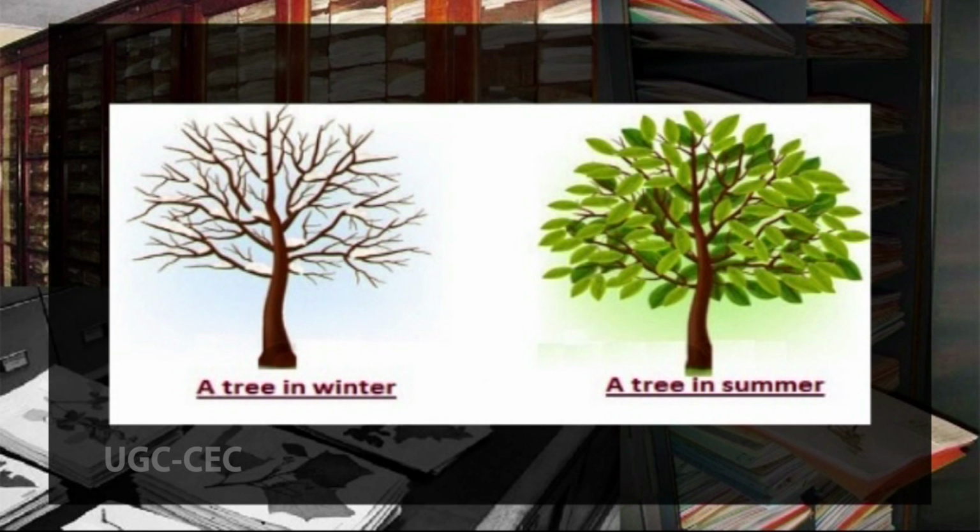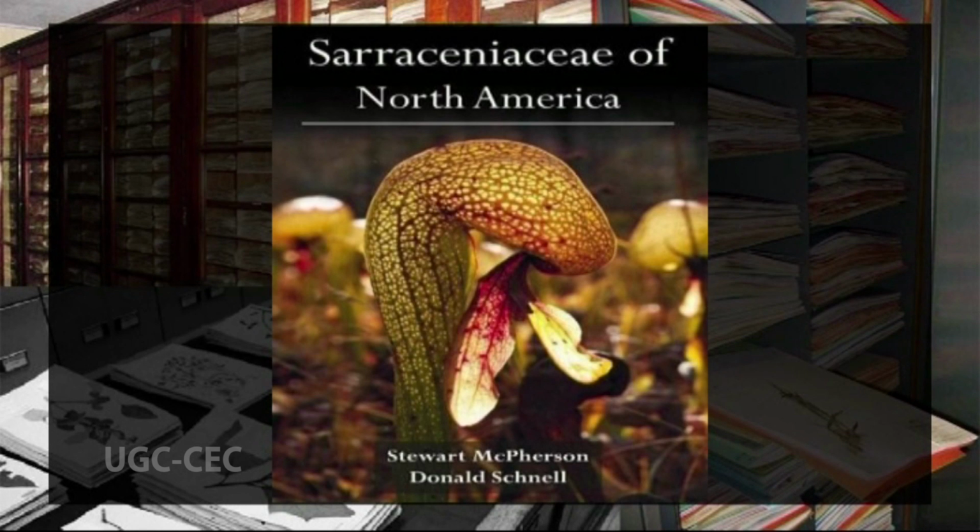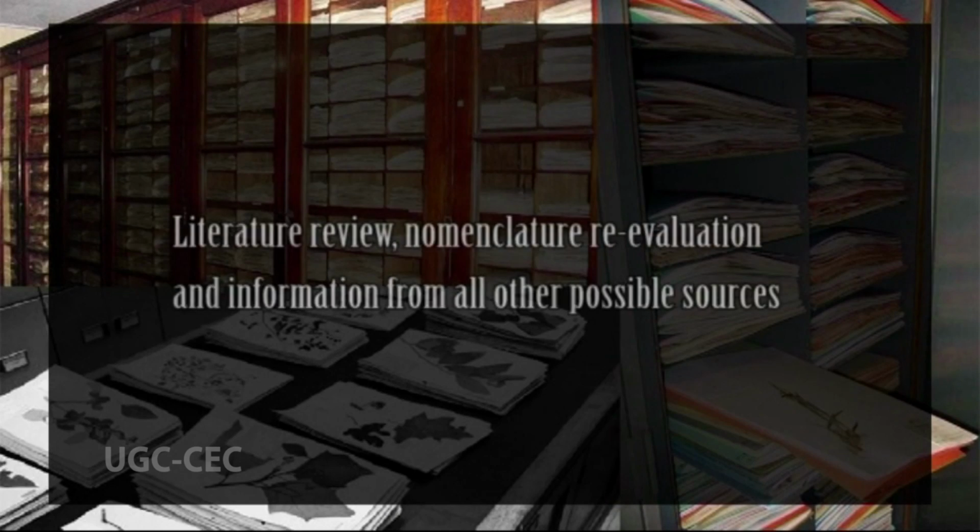A monograph is a comprehensive study of a particular taxon, such as a family or a genus, etc. It has exhaustive information of the taxon, including literature reviews, nomenclature re-evaluation and information from all other possible sources gathered and analyzed.